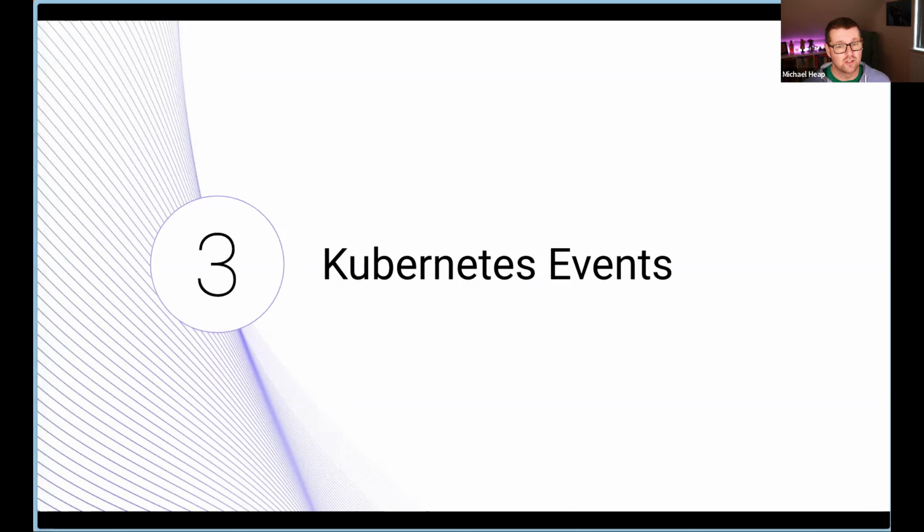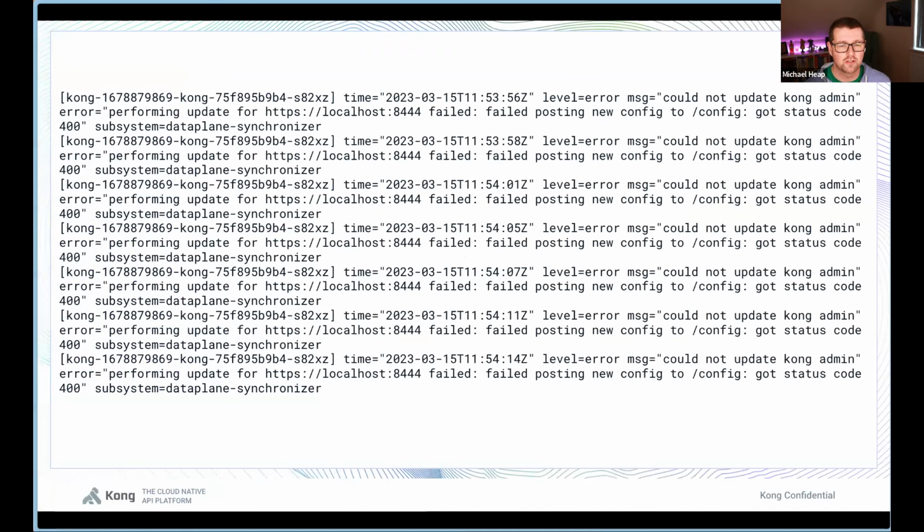The third thing is Kubernetes events. I mentioned you can go through the logs and try and work out what's going on, but who's got time to be looking through this and trying to work out what's actually happening? Kong Ingress Controller will take what's going on in Kong Gateway and expose those through the Kubernetes event system for you.